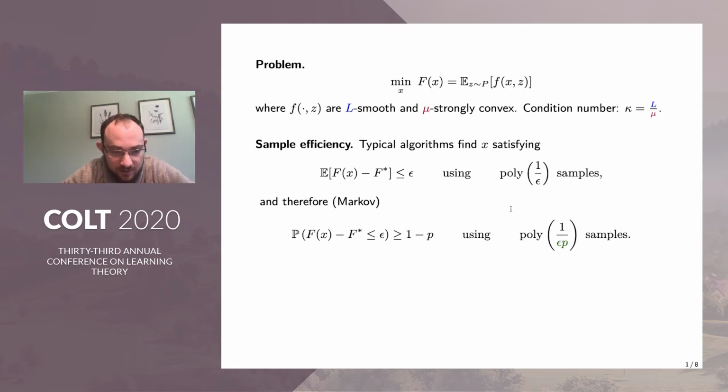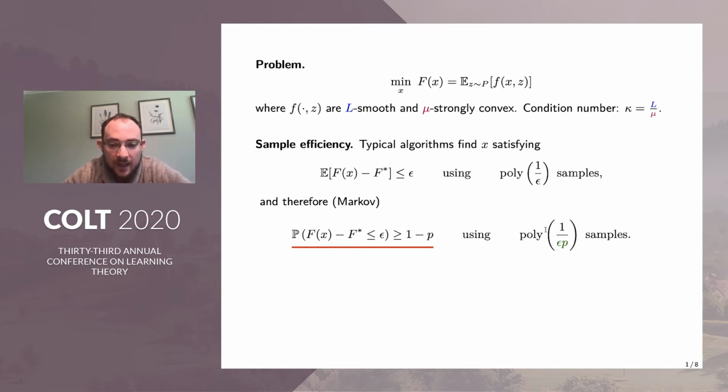And as a baseline, we can always take an expectation bound and boost it to a probabilistic guarantee simply by Markov's inequality. However, there's a big price to pay, namely, given any procedure that satisfies an expectation bound, we can be sure that it will generate a point x whose function gap is smaller than epsilon with probability 1 minus p, but then the number of samples, if we just blindly apply Markov's inequality, has to scale polynomially in 1 over epsilon p.